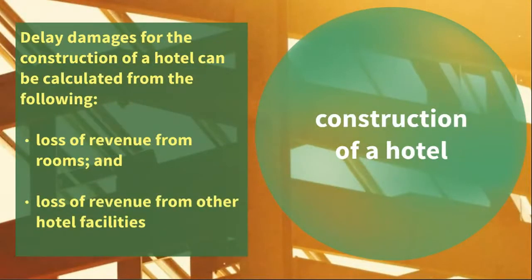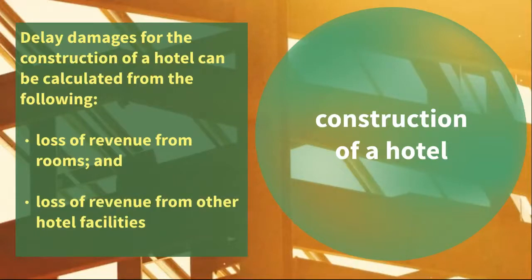So, for example, in the construction of a hotel, delay damages can be calculated from the loss of revenue from the rooms and the loss of revenue from other facilities, such as restaurants, event rooms, and the leisure facilities.